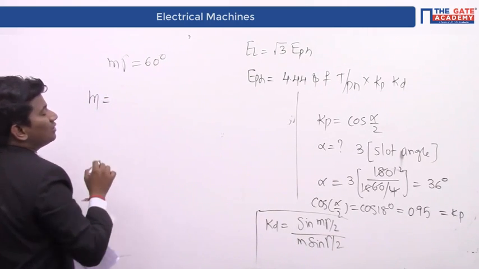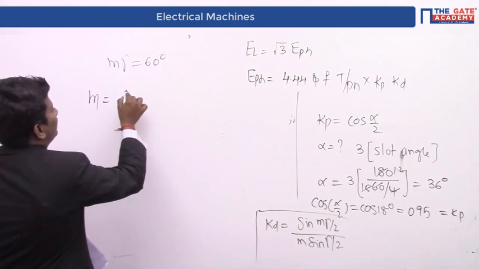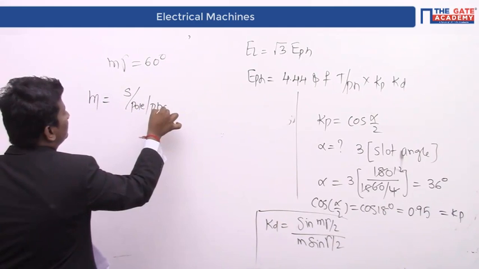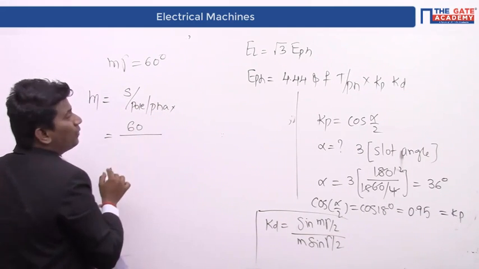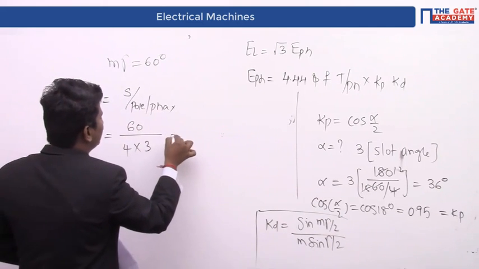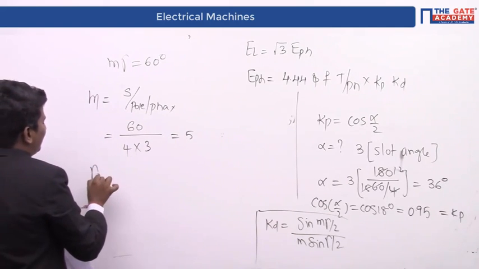M is equal to, as we know in alternators, number of slots per pole per phase. Therefore, 60 slots, how many poles we have? 4 poles. How many phases we have? 3 phases. Therefore, m is equal to 5. Then what is the gamma?